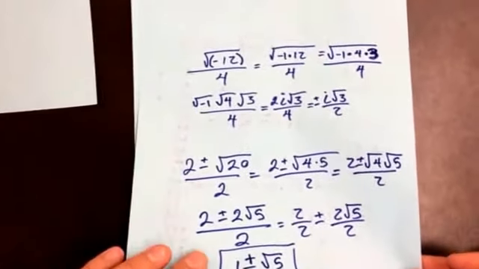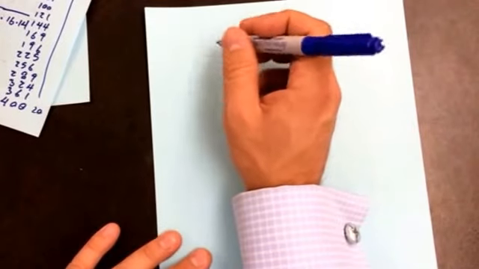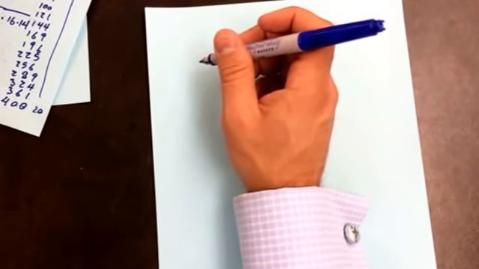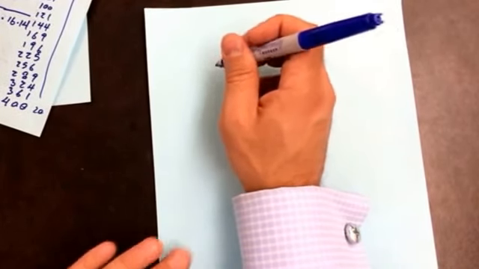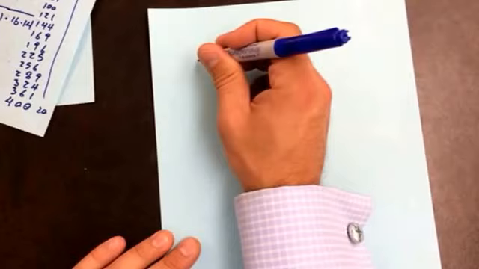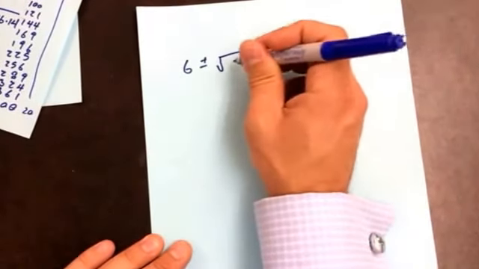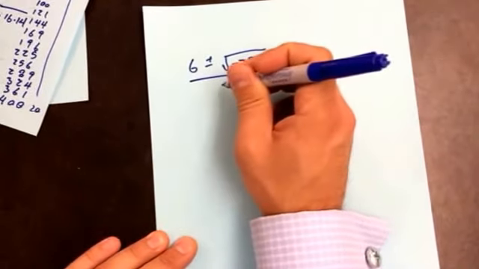Hopefully that makes sense. Now the very last thing that I'm going to do is when I have a negative. Okay? So let's say that I have, well, I'm going to do two of them. 6 plus or minus the square root of negative 252 over negative 3.